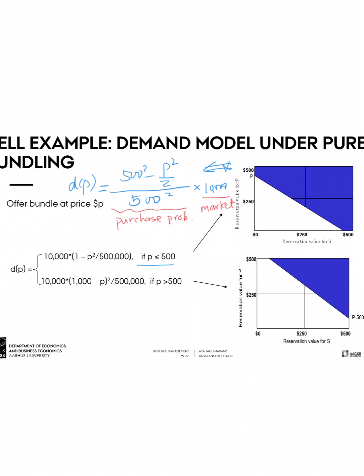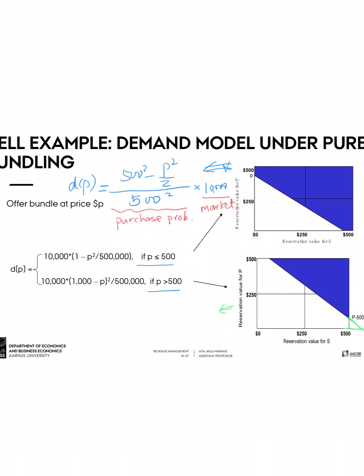Similarly, we can calculate the demand function for P greater than 500, now with green color. Now we can see the bottom figure. The total triangular area, you can figure out by drawing this figure a little further.